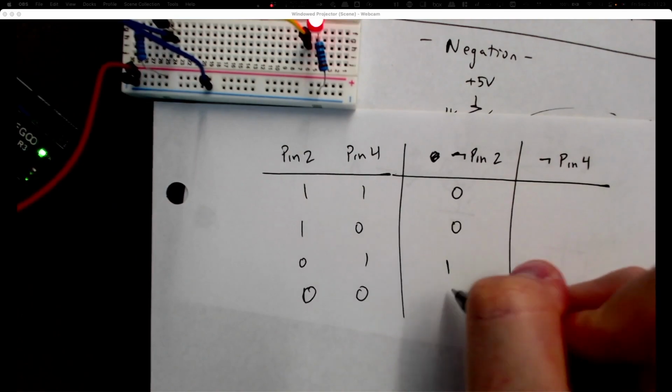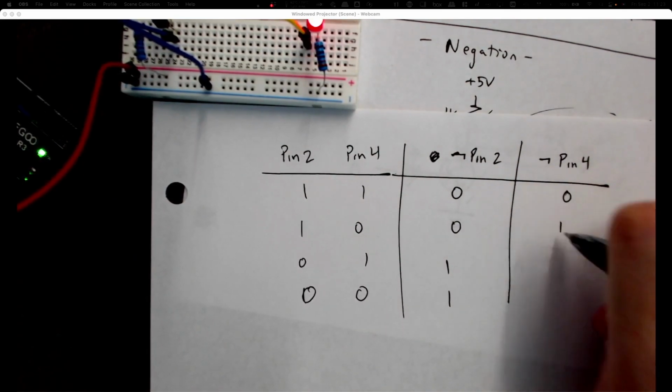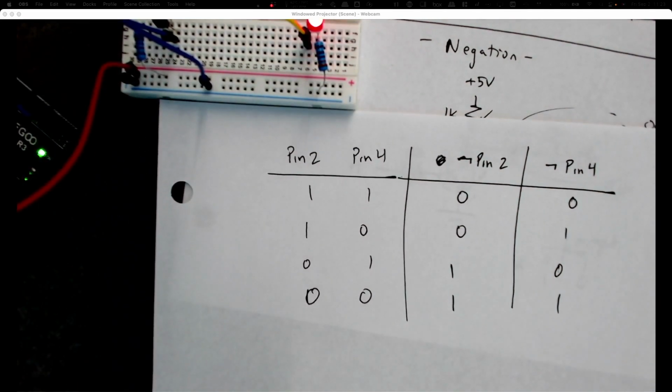And same thing with pin 4. So depending on which pin I connected to use as my input, I'm going to see one of 2 different patterns. I'll either see off, on, or I'll see on, off. Just depends on which pin.